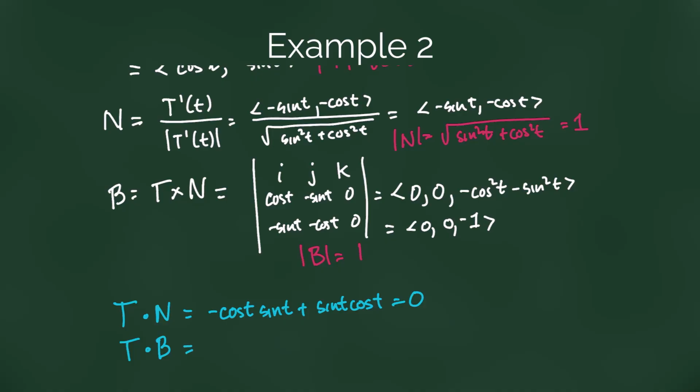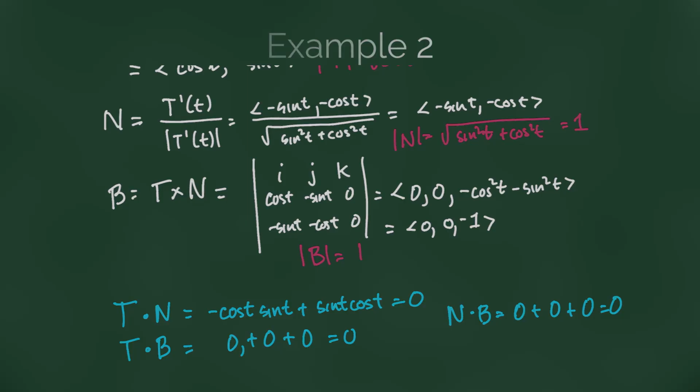T dot B is going to be 0 plus 0 plus 0. And similarly, N dot B is 0 plus 0 plus 0. And so we see that they are, in fact, all mutually orthogonal.